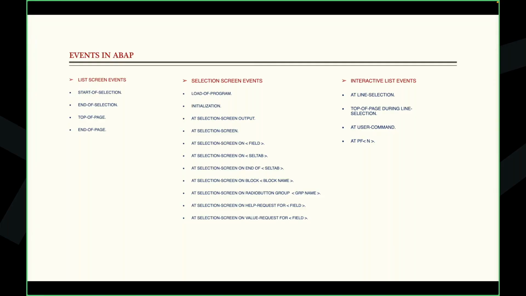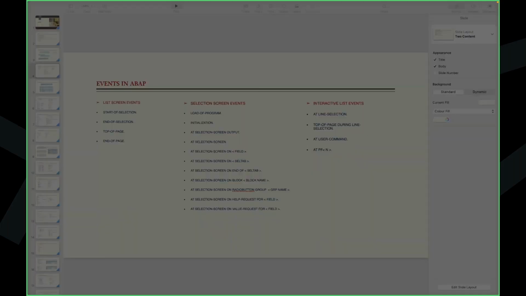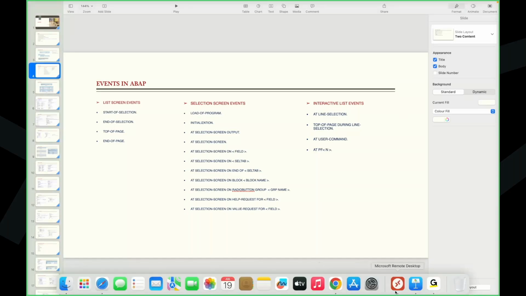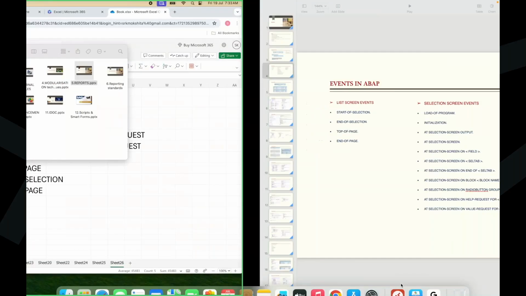So we will see the majority of the events, the most important events, in the program. So let's get into the program and use these events. So let me log in to the remote desktop.